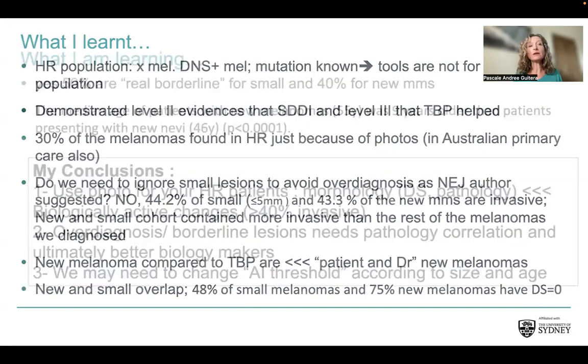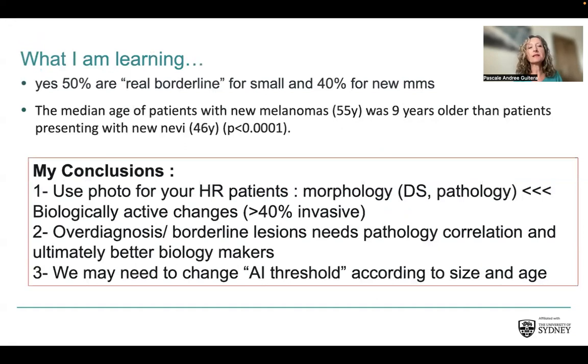So what I'm learning, yes, 50% are real borderline for the small and 40% for the new melanomas. So they may be in this envelope of overdiagnosis. The median age of our patients with new melanoma was 9 years older than the patients with new nevi. And this is something I'm computing nonstop when I see my patients now, to decide if I want to monitor or to remove a lesion.